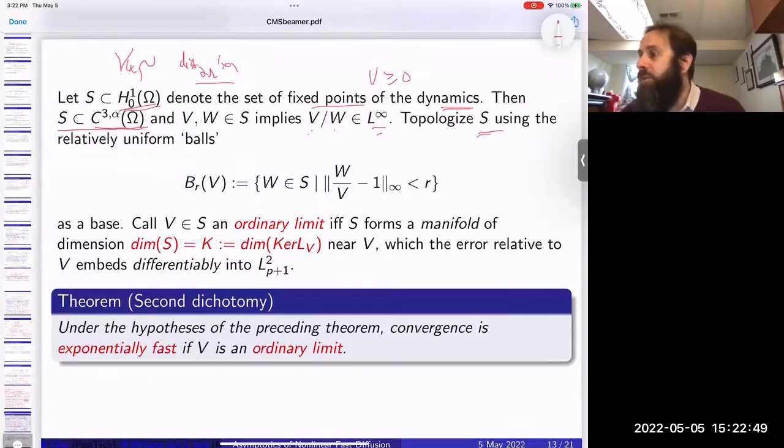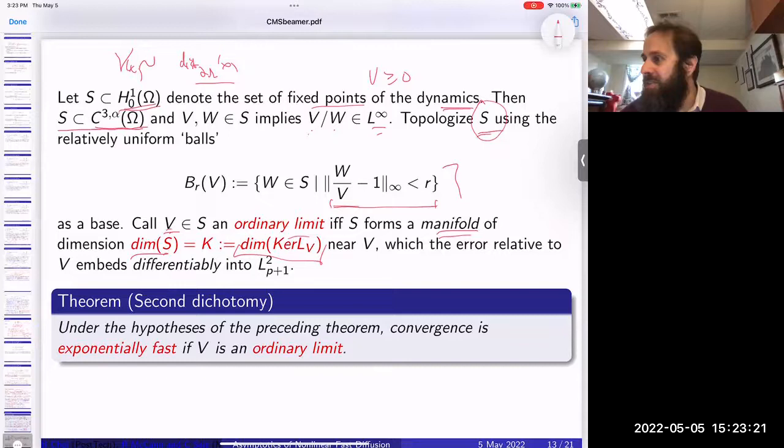And so it's natural to want to try to use this kind of relative uniform topology, which is of course not symmetrical in V and W. So it's not a metric, but nevertheless, I can take these sort of balls to be a base for a topology. And I'm going to call one of these non-negative fixed points an ordinary limit if and only if the set of fixed points nearby forms a manifold whose dimension agrees with the number of zero modes, so with the dimension of the kernel of the linearization.